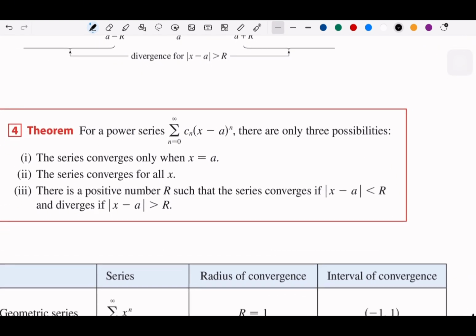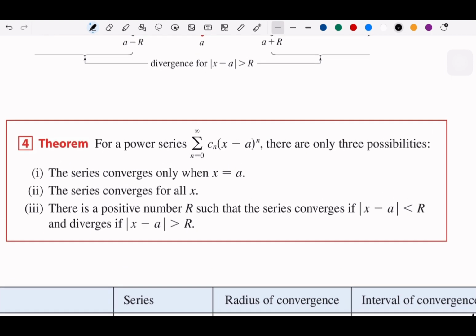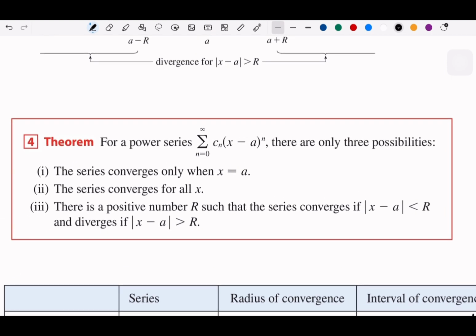For the power series, there are only 3 possibilities. It converges when x equals a. It converges for all x. Or it has some interval of convergence, and it will converge if the absolute value of x minus a is less than r, and we are going to see what r is, and diverges if x minus a is greater than r.